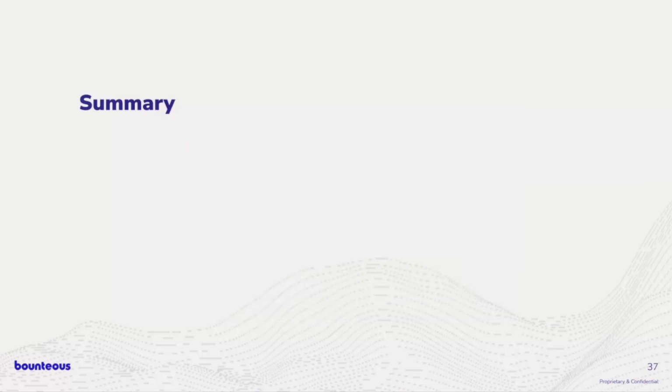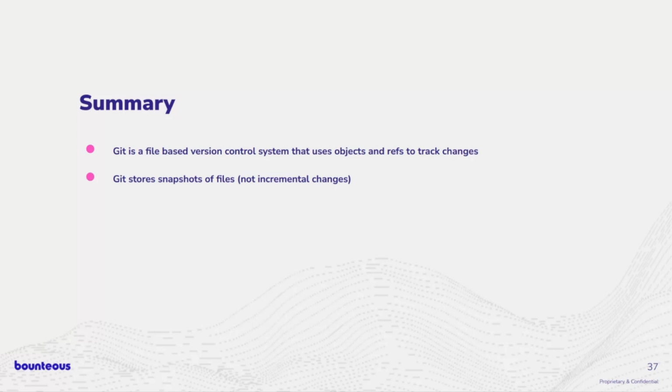So in summary, Git is a version control system that uses objects and references to track changes. Git is storing snapshots of files. I think this was a really interesting realization for me, because I've always thought of Git in the diff world, like, to get from one commit to another, apply these changes.